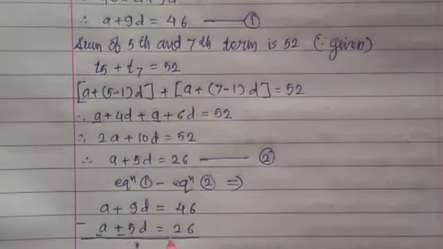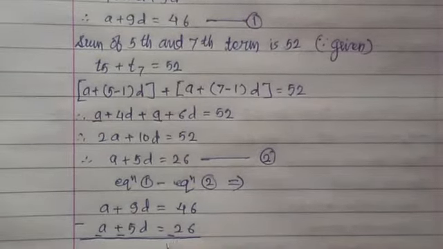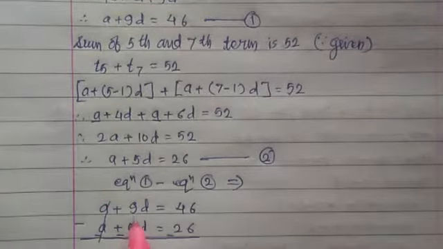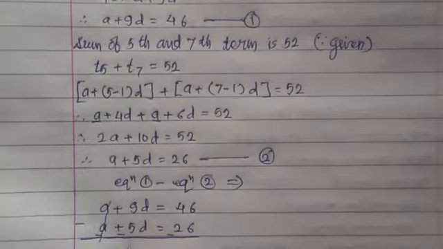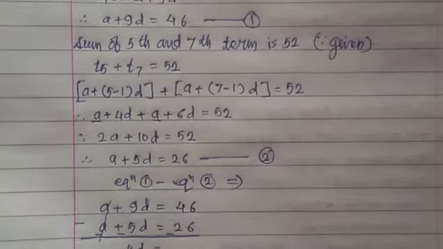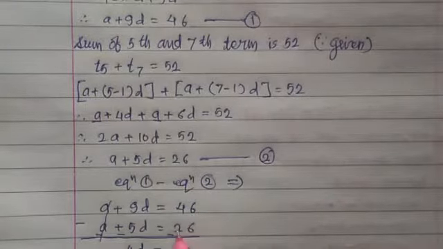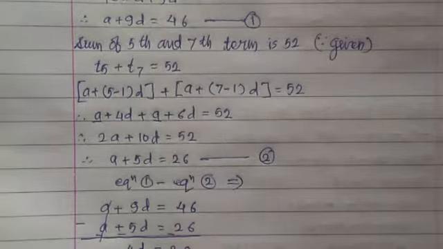Now here minus, minus, minus, now A minus A will get cancelled, then 9 minus 5 means 4D, which is equal to 46 minus 26 means 20.